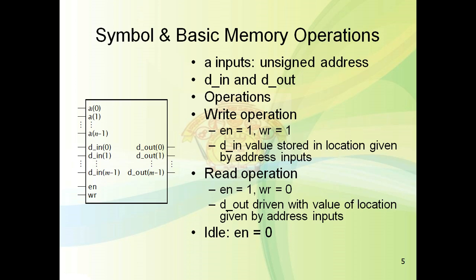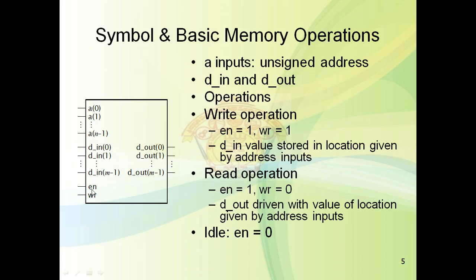Next, we will see what the symbol of the memory is and what the basic operations of the memory are. On the left hand side, you can see the symbol of the memory. What are the input lines and output lines of this memory? We require a memory enable, because whenever you want to do a read or write operation, only at that time do we have to activate the memory chip, and hence we require an enable pin.